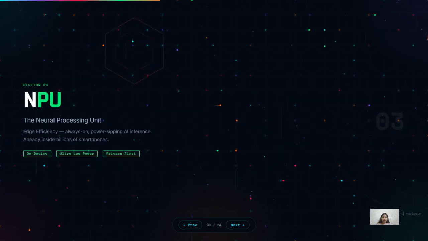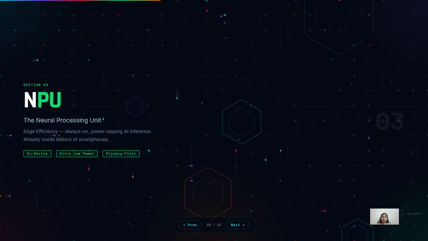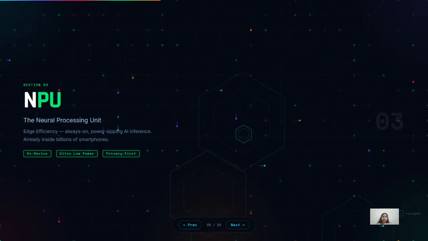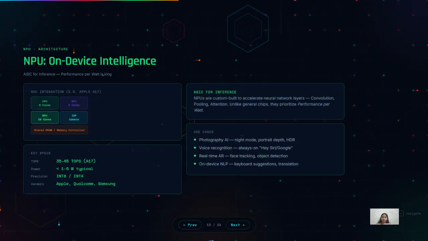Next comes the NPU, the Neural Processing Unit. This architecture focuses on a completely different problem: running AI directly on devices. NPUs provide on device intelligence. They are custom built to accelerate neural network layers, convolution, pooling, and attention.